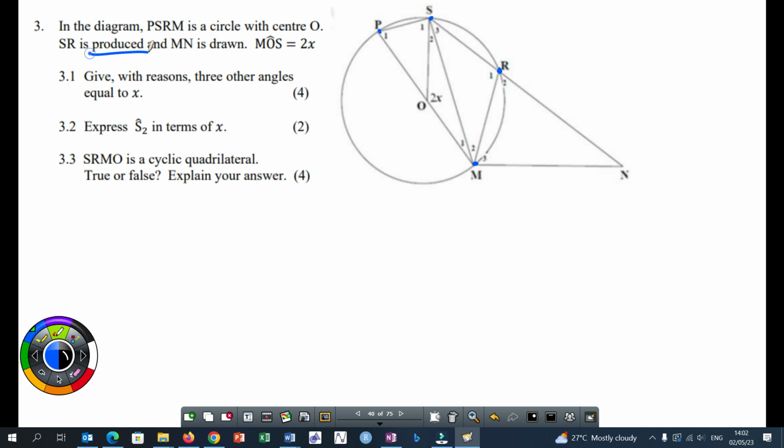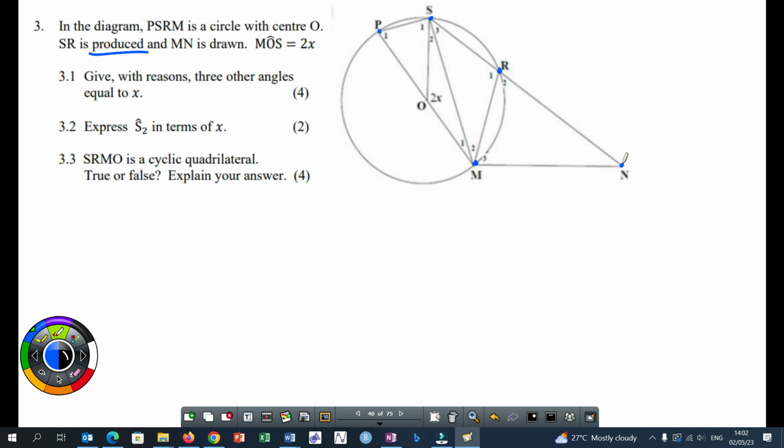That's what this word produced means. It's a very common word in geometry. When MN is drawn, from the circumference here, a line is drawn to join point N, which is outside the circle. Then the first question says, give with reasons 3 other angles that are equal to X.